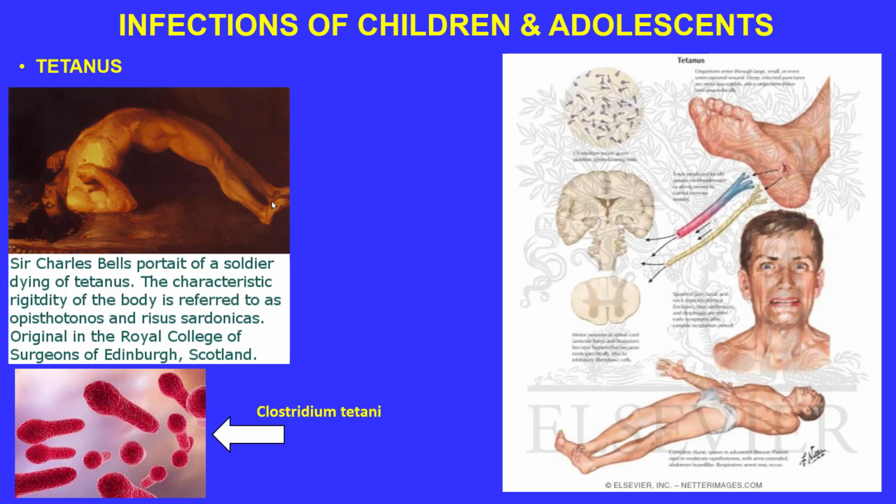This led individuals who were injured, who got a deep penetrating wound, to be dying of tetanus. Usually, what really stops everything, leads to the death, is that the diaphragm becomes rigid.